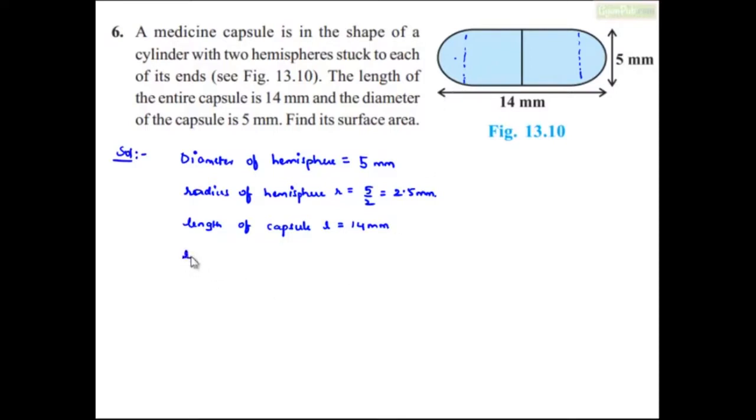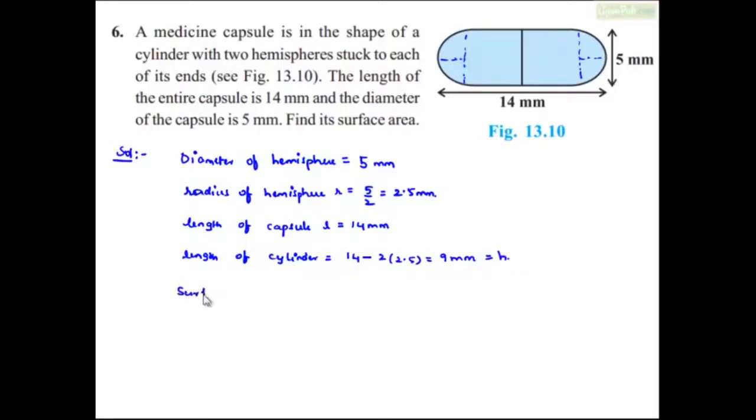Let us find the length of the cylindrical part, which is equal to 14 minus these two radii of the hemispheres have to be eliminated, that is 2 times 2.5, which is equal to 14 minus 2 times 2.5, that is 9 mm. Let this be h for the cylinder.